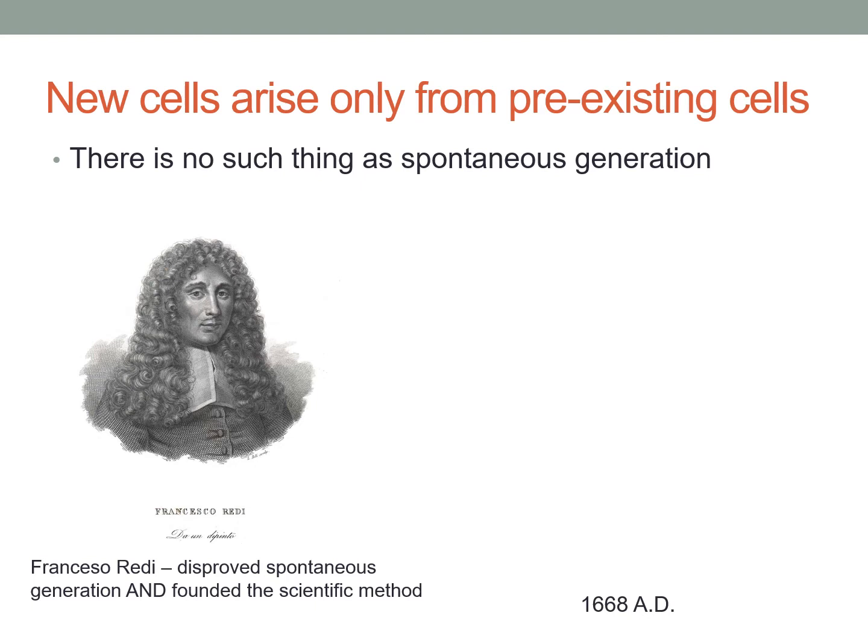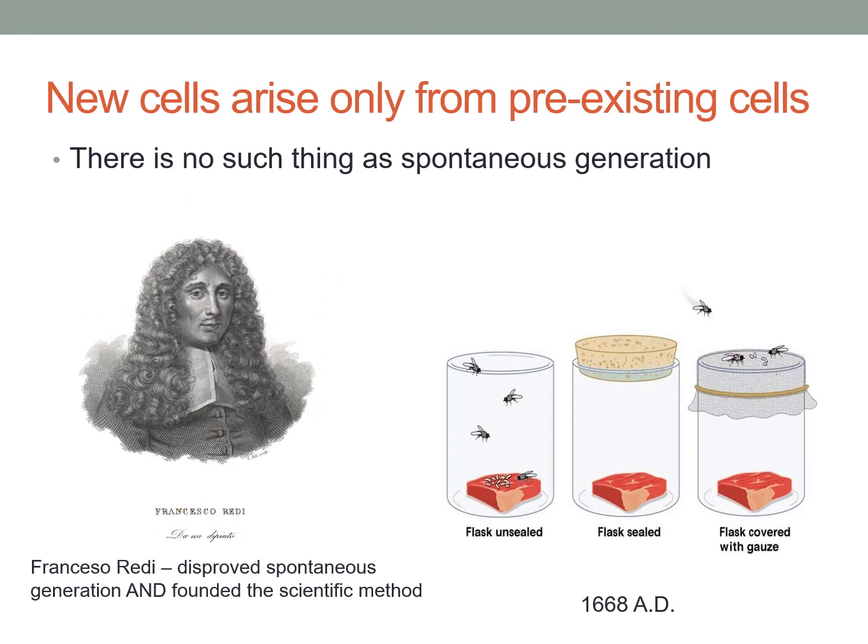So this guy, Francesco Redi, in Italy, he was like, nah, I don't think so. So he designed an experiment. He said, all right, I'm going to put a piece of meat in a jar, and lo and behold, maggots are going to develop. But he happened to notice that there were some flies landing on the meat.